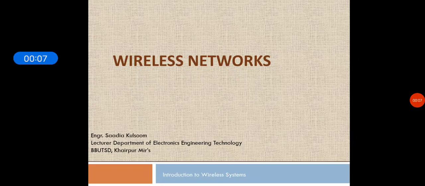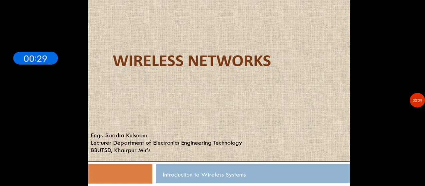We are going to study the subject wireless networks. First of all, what is a network? A network is a collection of different devices that share information. So how are they sharing the information?